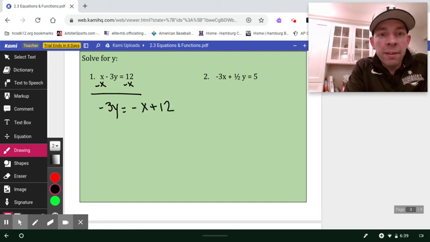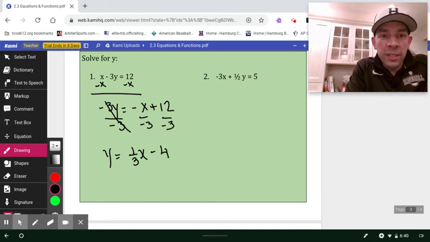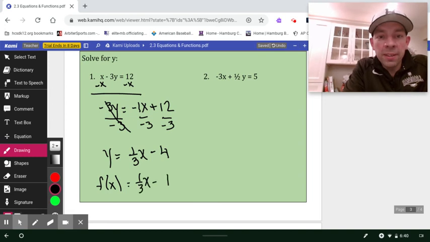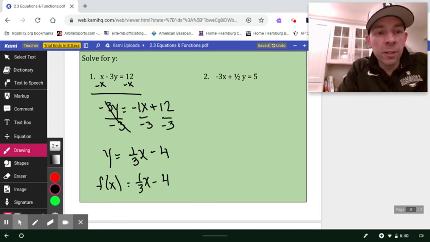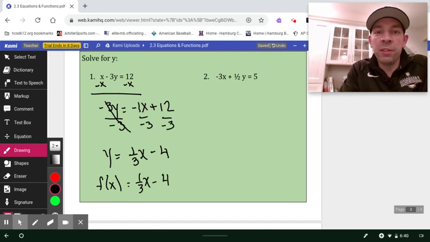And then I'm going to divide everybody by negative 3. Show all my work best I can here. So you're left with y equals positive 1/3 x minus 4. There was an invisible 1 there, and 2 negatives make a positive. So that's why that 1/3 is positive. And again, our function notation says we're just going to replace the y with an f of x. Nothing fancy. It's just learning a little bit of a new trick up our sleeve tonight.